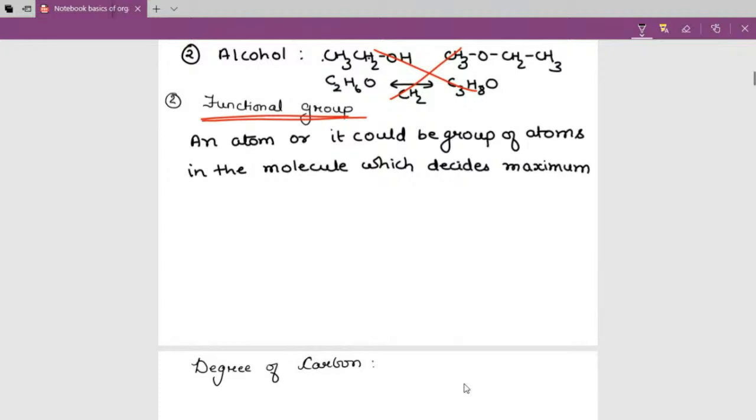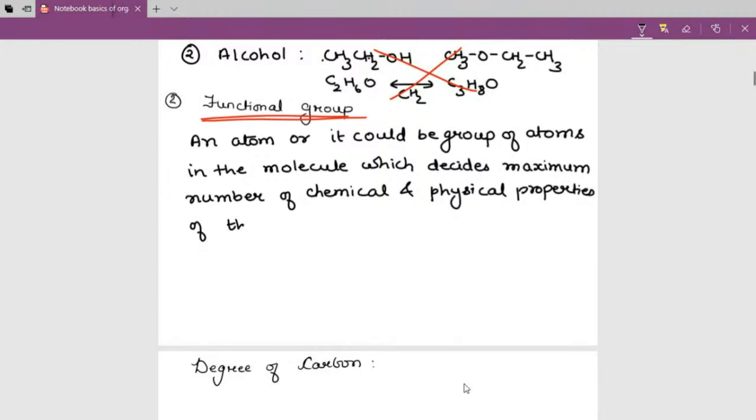for the maximum number of chemical and physical properties of that molecule.